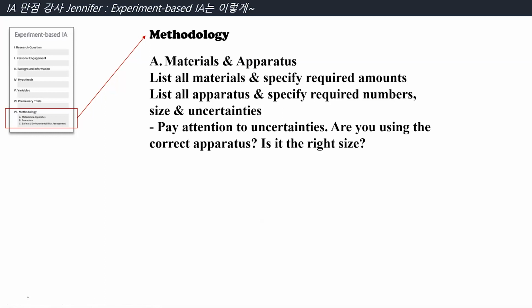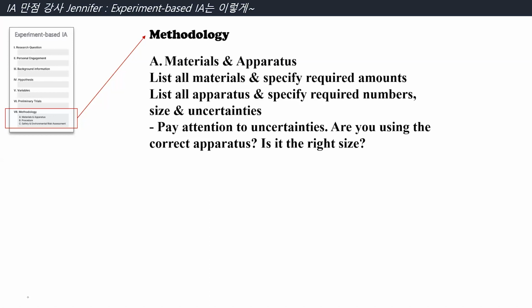Also, when selecting your apparatus, pay attention to the size. Are you using the right size for the given measurement? For example, using a 500 cubic centimeter beaker to measure 50 cubic centimeters of distilled water will result in very high uncertainties.